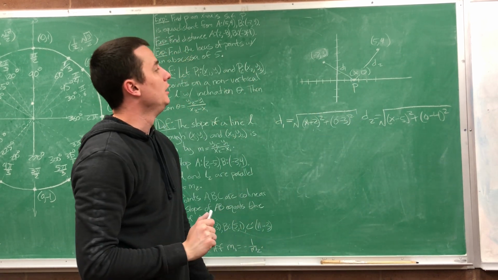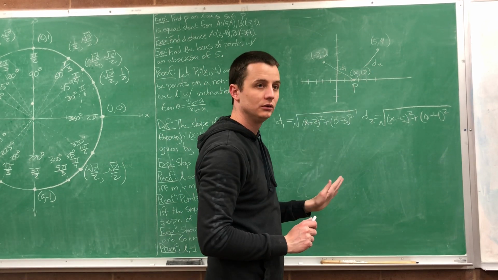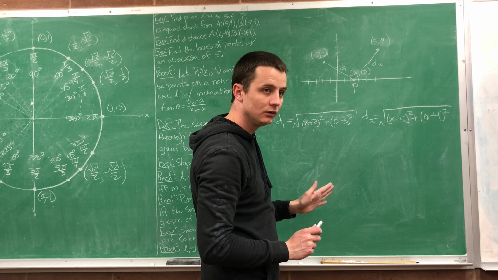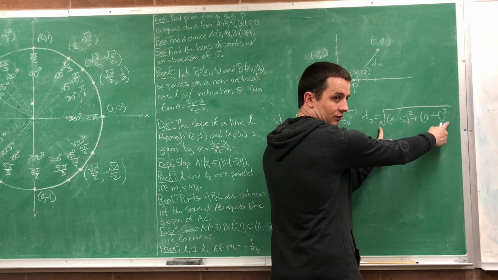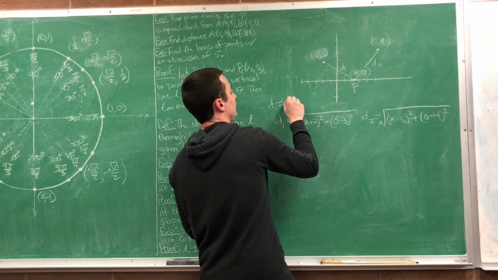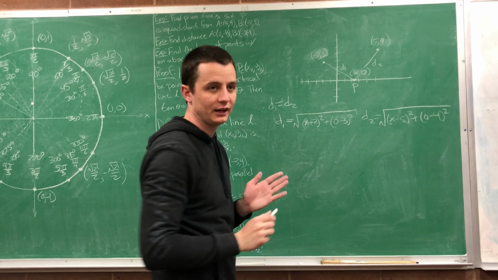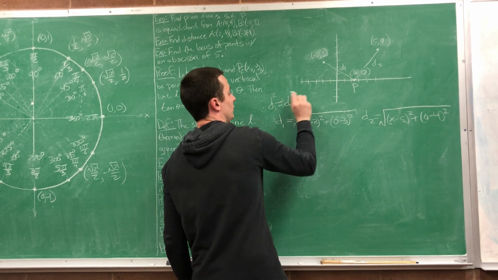Okay. Now we are trying to find the x that makes these two distances equal. In other words, that makes this equal to this. So I know that d1 has to equal d2. I'm looking for the x that makes that true, which is also going to happen where d1 squared is equal to d2 squared.